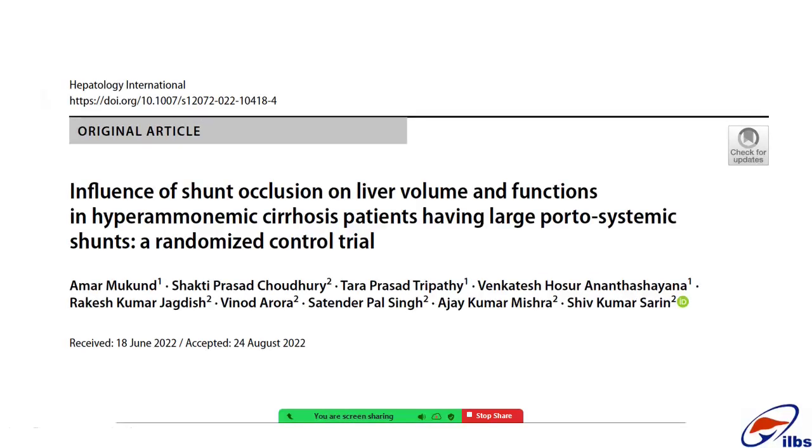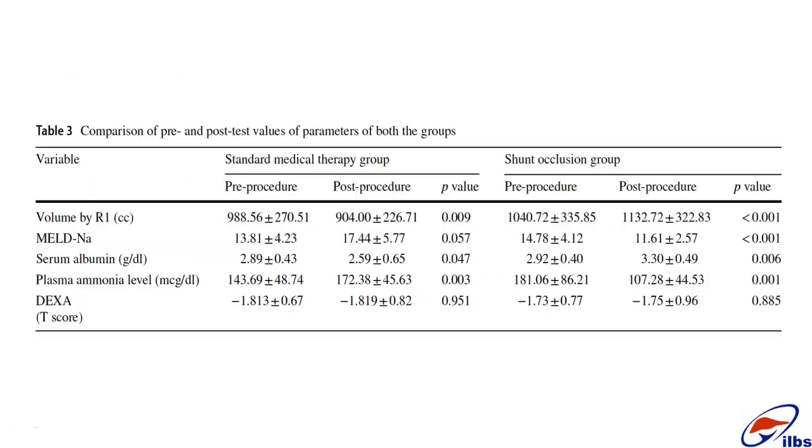So this gave us another idea, and we did a randomized controlled trial to see whether shunt occlusion is going to help in liver volume as well or not. And we found that definitely there is a change in liver volume. If a patient is in the standard medical therapy group, that is the standard of care, then there is a reduction in volume.